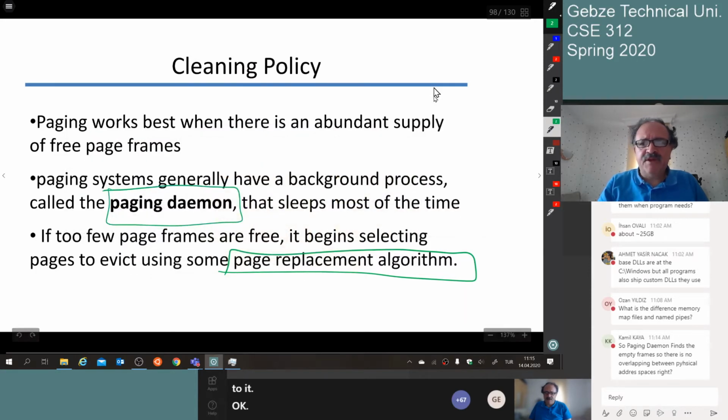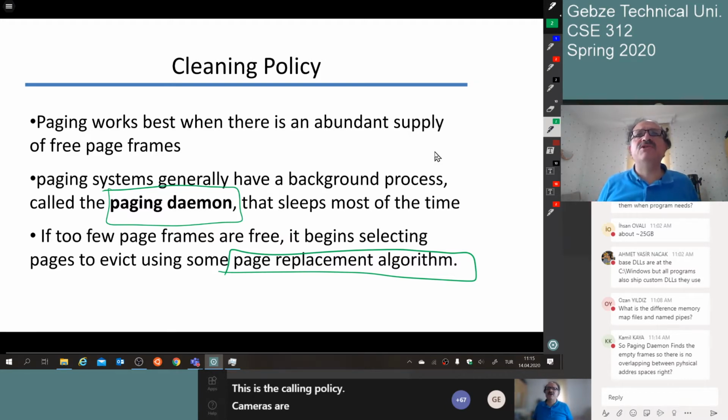Good. So this is the cleaning policy. Kamil has a question: the paging daemon finds the empty frame, so there is no overlapping between physical address spaces? The paging daemon doesn't find the empty frame. It just does regular page replacement. It says, if I need a new page now, which page would I replace?